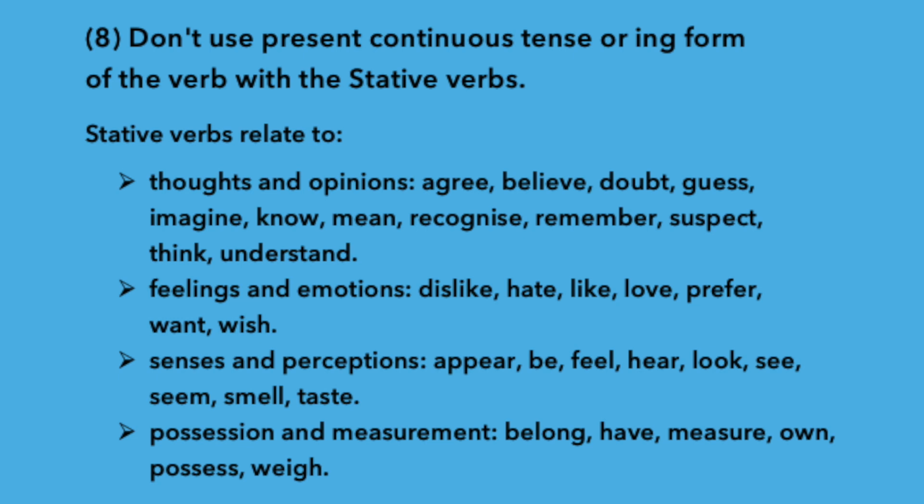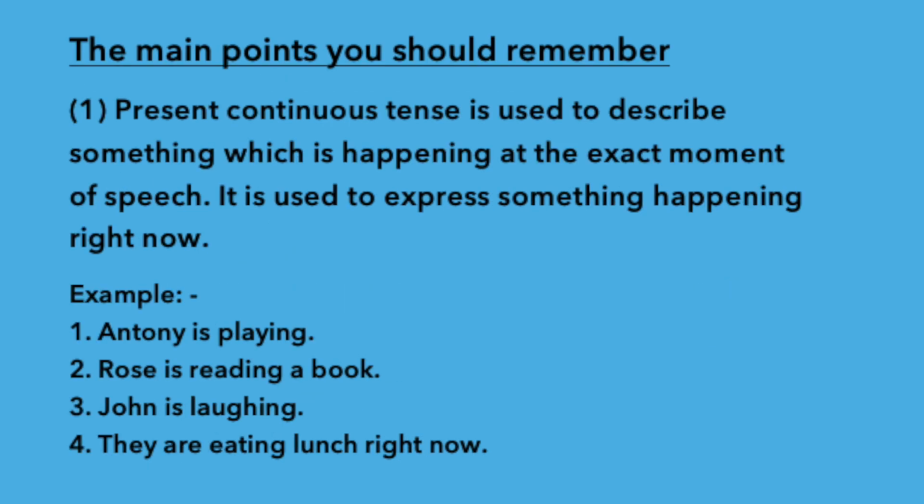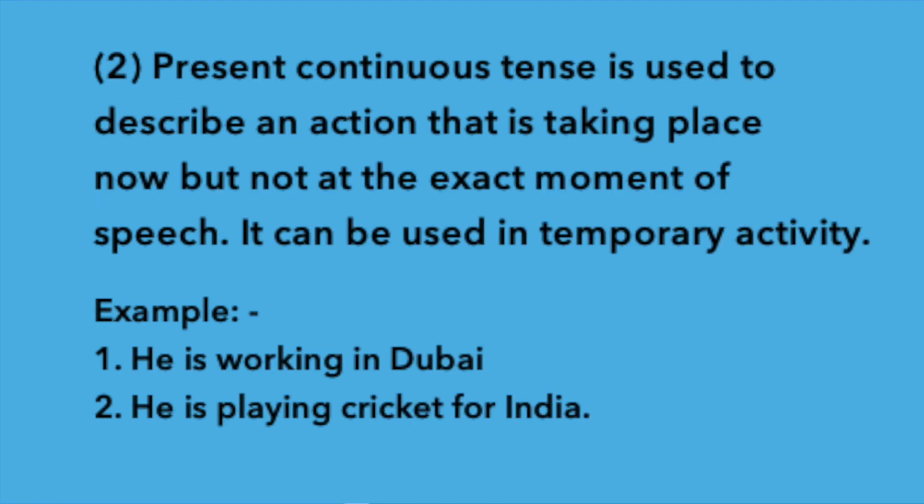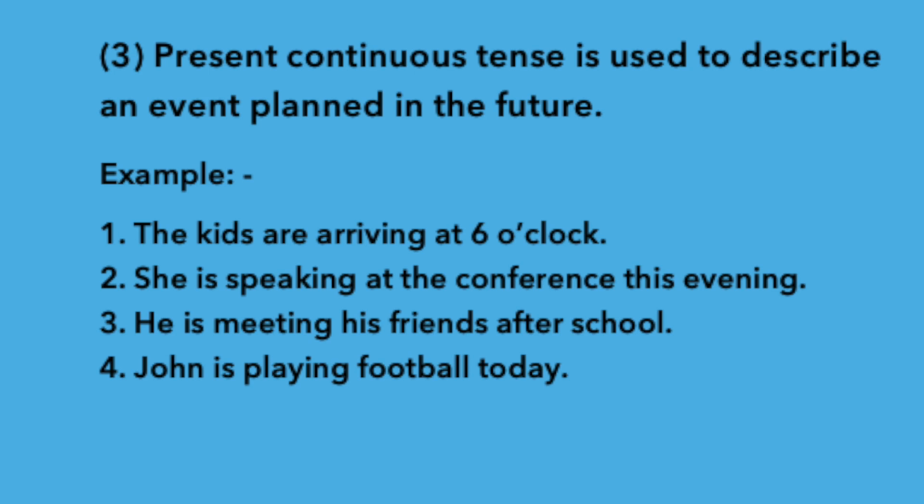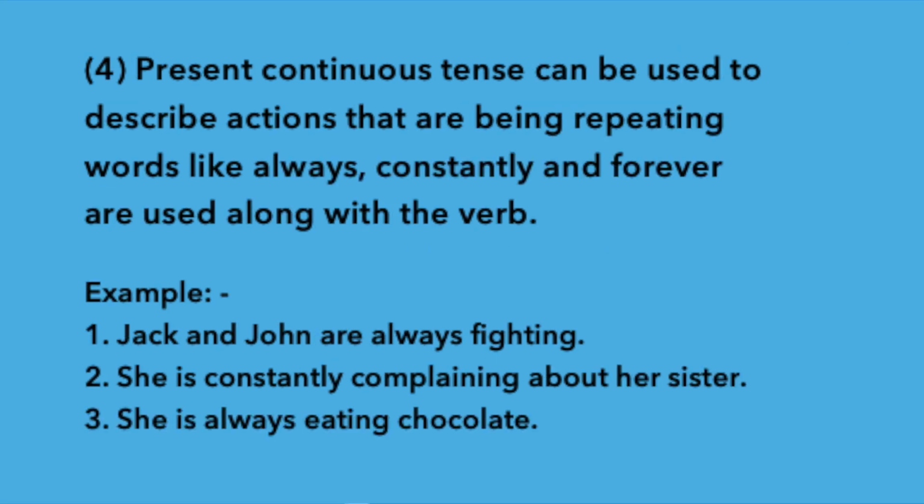So these are the main points you should remember. First, present continuous is used to describe something which is happening at the exact moment, and to describe an action that is taking place now but not at the exact moment of speech. It is used to describe an event planned in the future, and to describe repeated actions with words like always, constantly and forever.